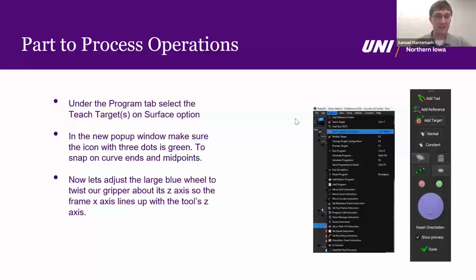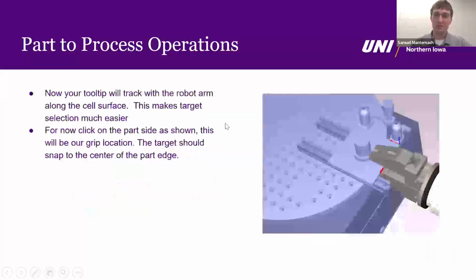And once you have that lined up, we can then go on to move our cursor. So you'll be able to move your tooltip of your cursor over to your part. Now, because you have that 3-dot option selected in that pop-up window, you can select midpoints of lines. In this case, we're going to grab the midpoint along that edge that you can see on your part there. That's going to let us grab right in the center where it's located between our two fixture rails.